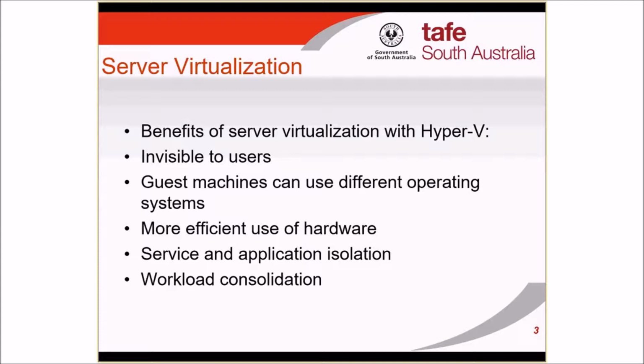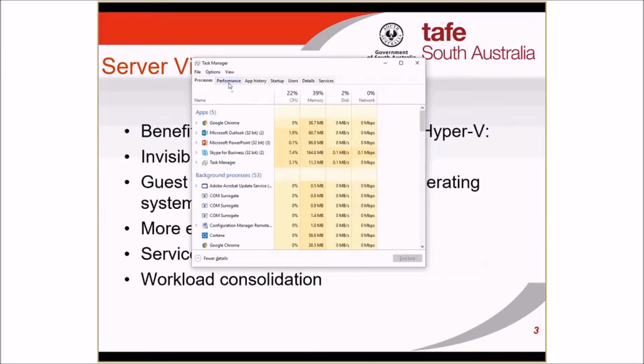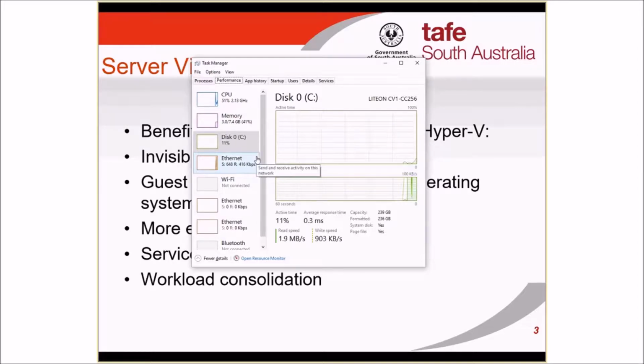You go out and buy a physical server, but as we all know, most of the time it's underused. For example, my computer right now, I know it's only a desktop computer, but I've got my email open, my Skype for Business open, my PowerPoint open, and a few websites open in my browser.